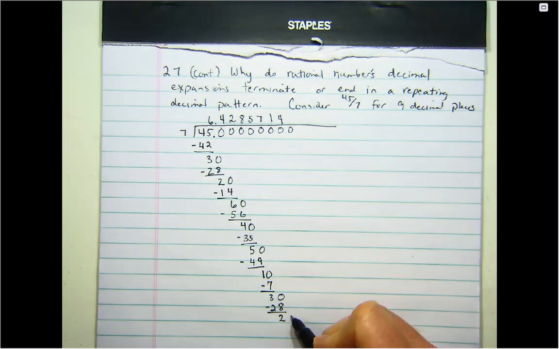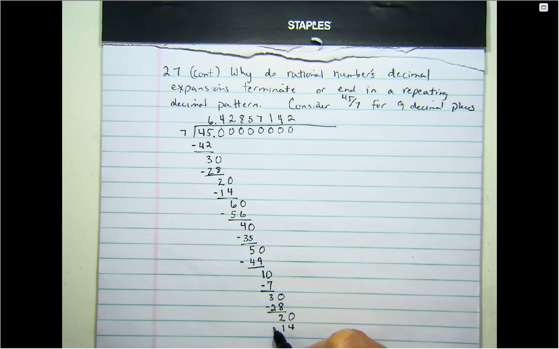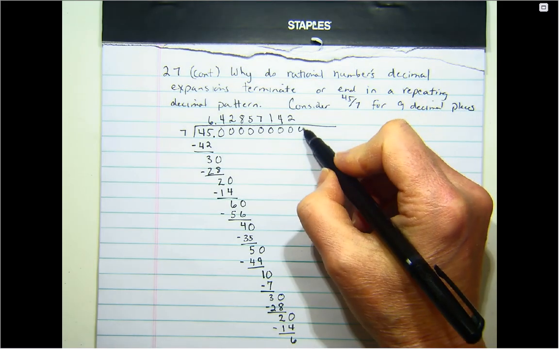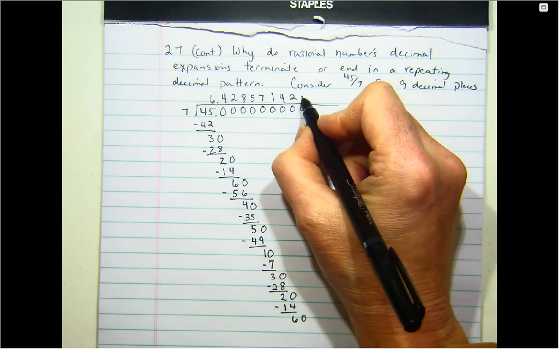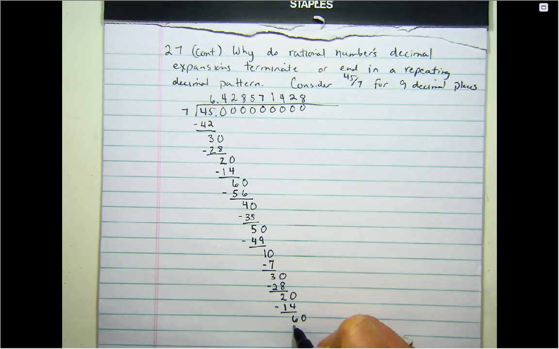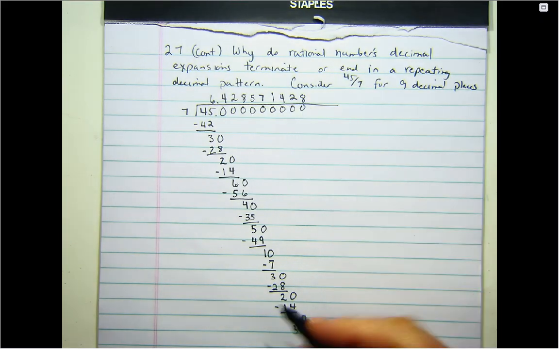I'll bring down another 0. 7 goes into 20 2 times. 2 times 7 is 14, and we subtract and get 6. Bring down another 0. 60 divided by 7, we can choose 8 now, because 8 times 7 is 56. When we subtract, we have 4.